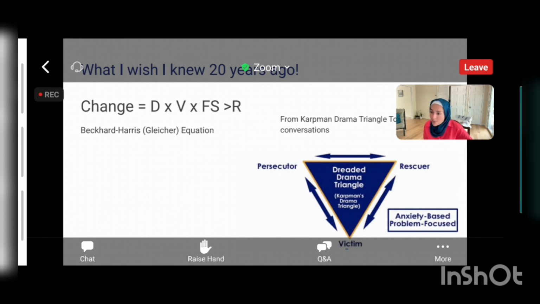And then just to remind you all of the drama triangle, don't be the persecutor, don't be the rescuer, don't be the victim. Change those conversations that you're having with others and with yourself to adult conversations where you believe in your own resourcefulness and your own capability to do the right thing at the right time for the right person, but also in the person who you are dealing with.